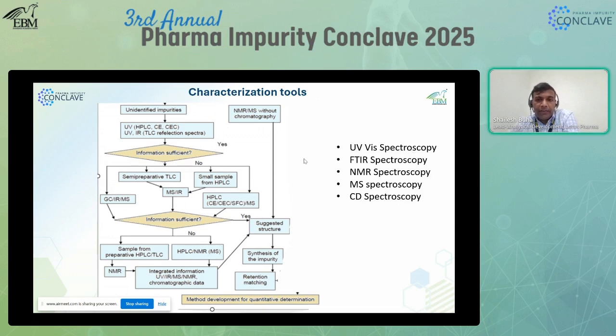In a larger way, this flow chart always looks good, but generally when we start any identification, we go with UV spectrum, then FTIR and NMR if it is in pure form, and then mass and MSn fragmentation pattern. And if it is a small biological, CD spectroscopy, circular dichroism, for any folding systems. These are the characterization tools we generally use for identification of impurities.